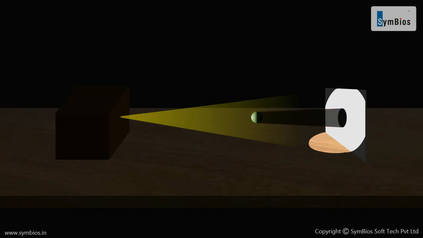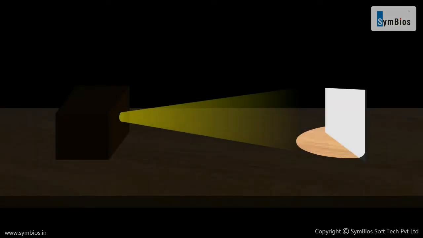If you take the ball nearer to the screen, the shadow becomes smaller, and if you take it away from the screen, the shadow becomes larger. Now, if you use another object instead of a ball, for example a toy car, you will notice that the shape of the shadow will also change.